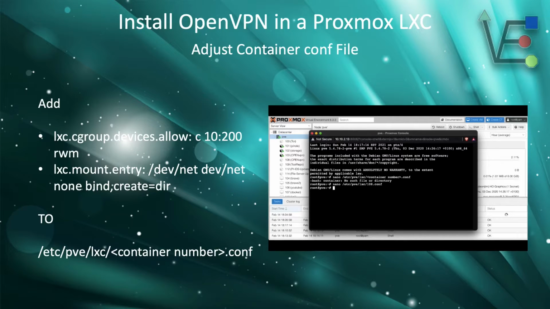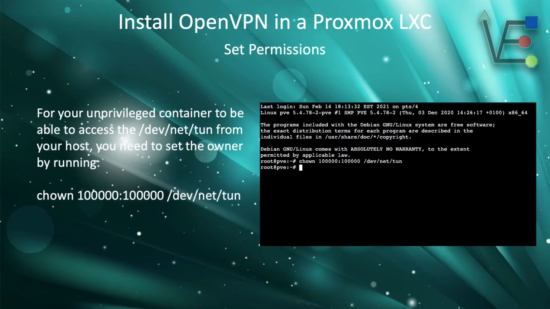Now that we have copied these two lines into the configuration file for our container, we can move on to setting permissions. The first command we need to run is chown 100000:100000 /dev/net/tun.